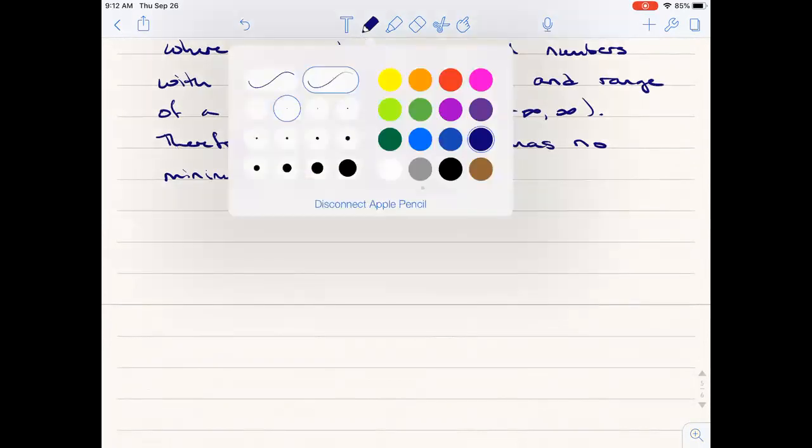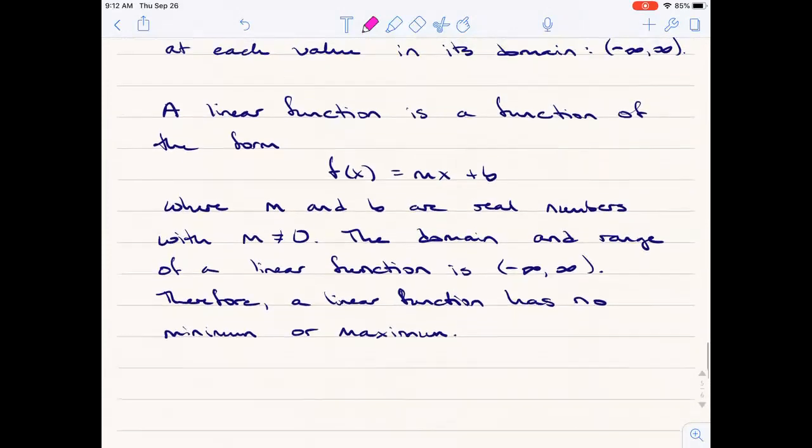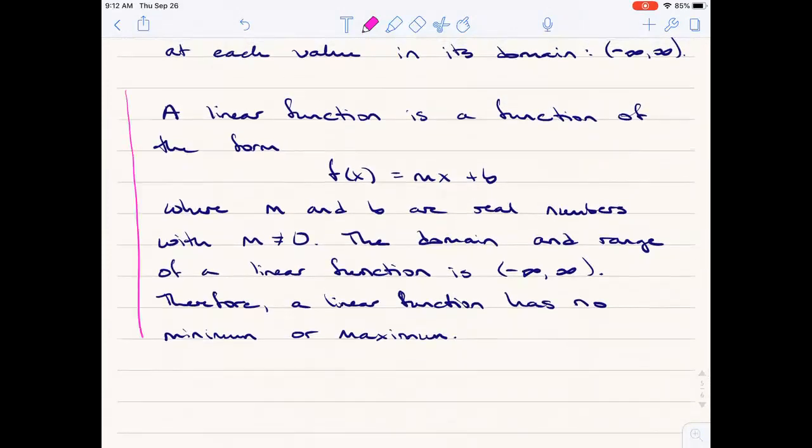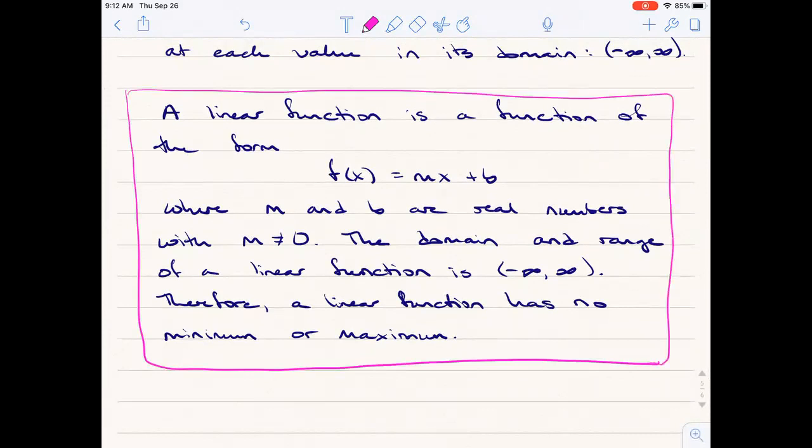This, I'll highlight this. That's a definition.